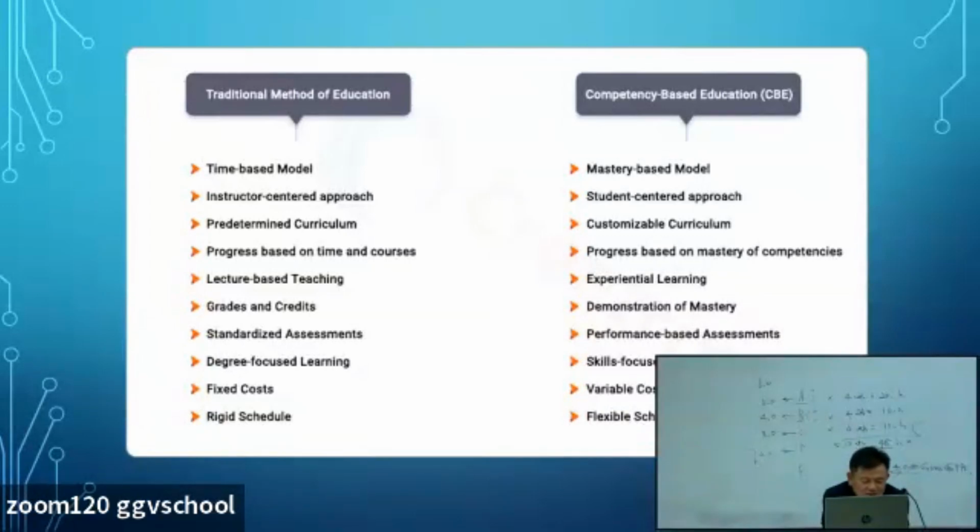Also, the traditional methodology is degree-focused learning, but competence-based education is skills-focused learning, skills in very small units. The traditional method has fixed cost, tuition, and a rigid schedule, because it is easy to make the curriculum and schedule with a determined curriculum.